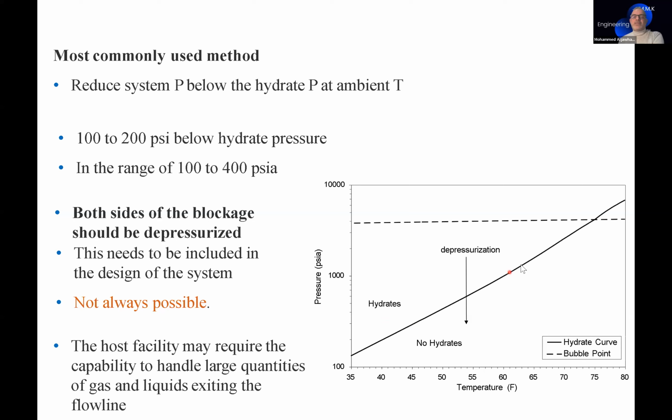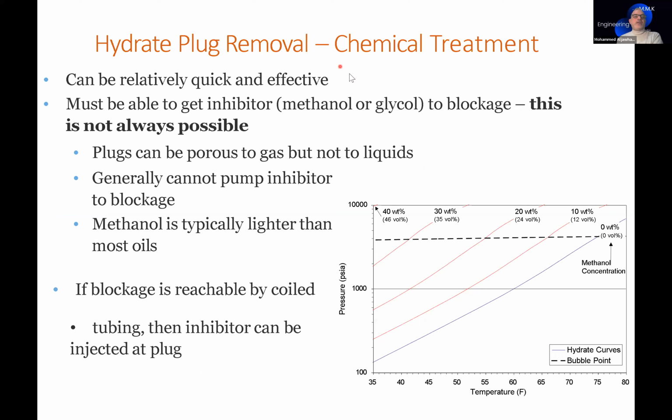So it depends on what is the stage of forming these hydrates. So we can play with the pressure to remove these hydrates, moving from this part to this part. It can be relatively quick and effective.